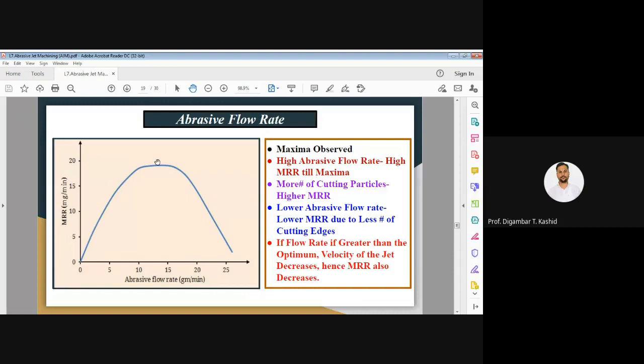And once the velocity decreases, the material removal rate also starts decreasing.